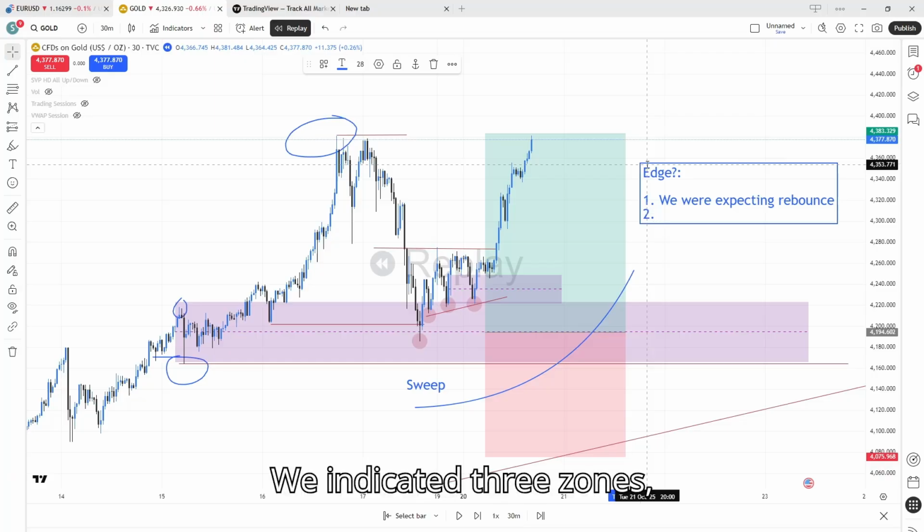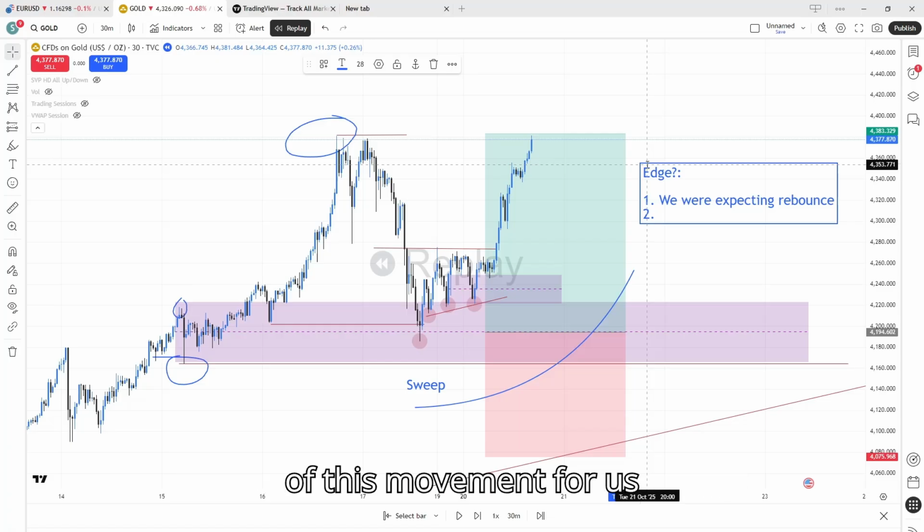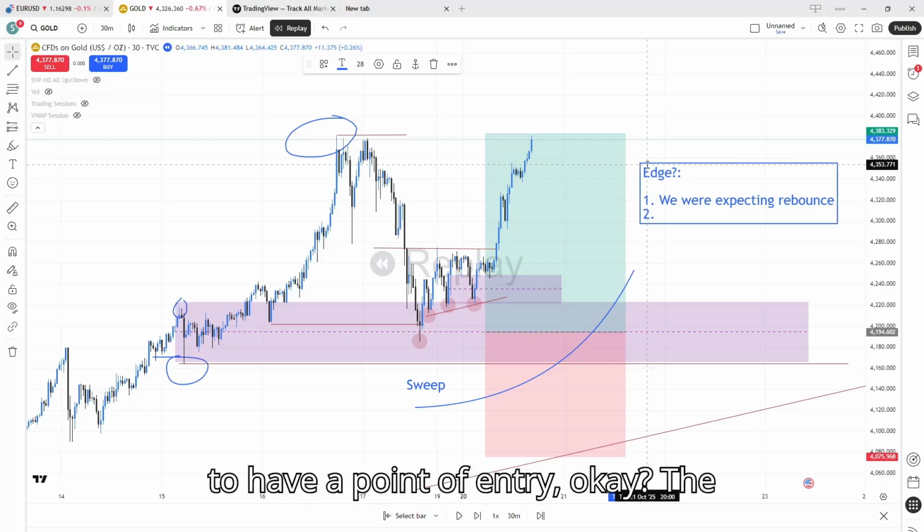We indicated three zones within the structure range of this movement for us to have a point of entry.